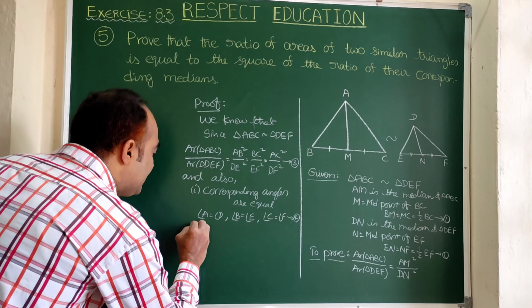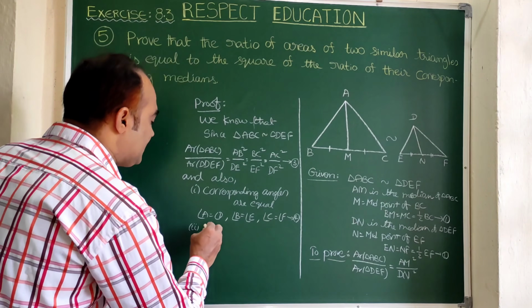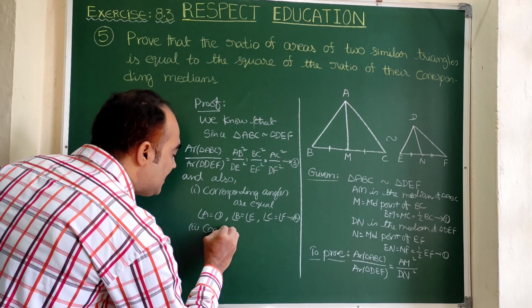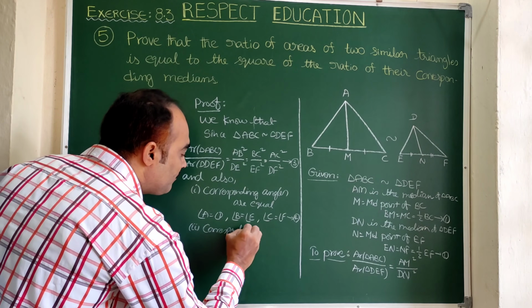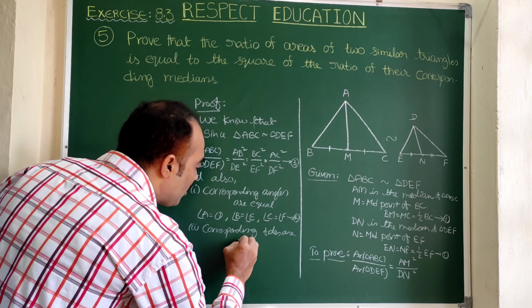Now the second condition, when two triangles are similar: their corresponding sides are proportional.